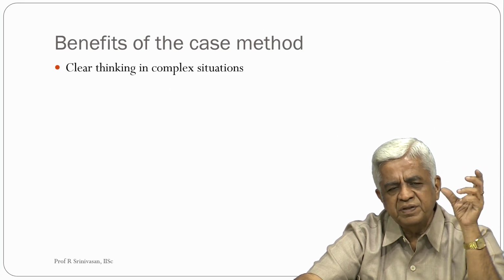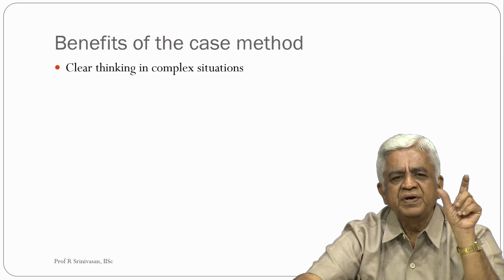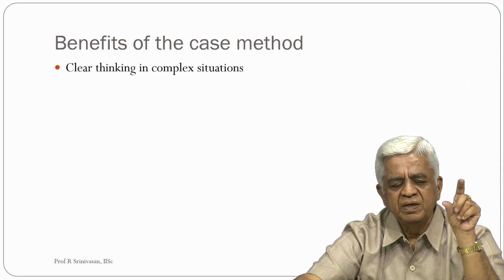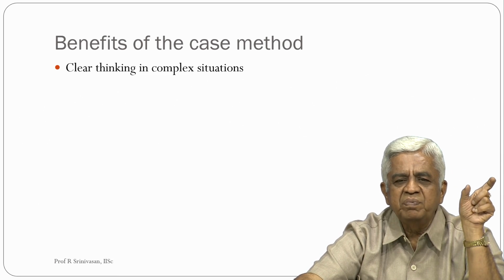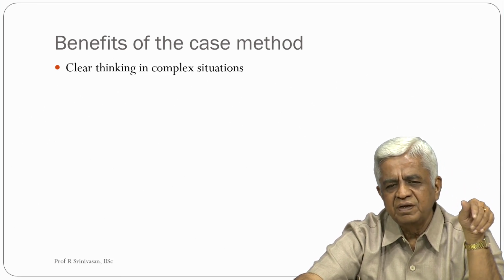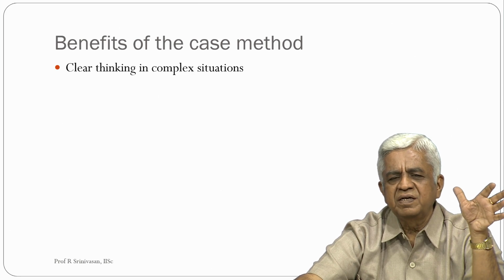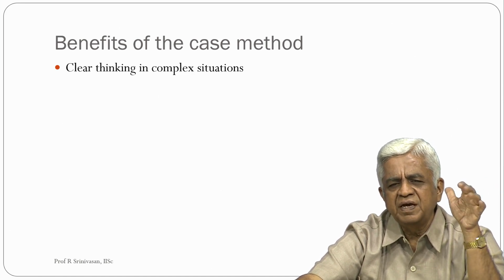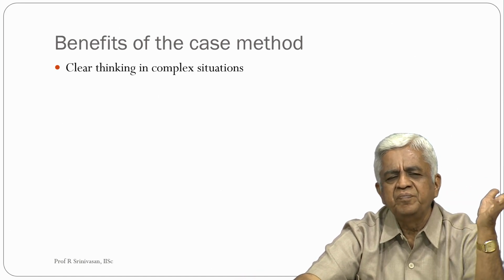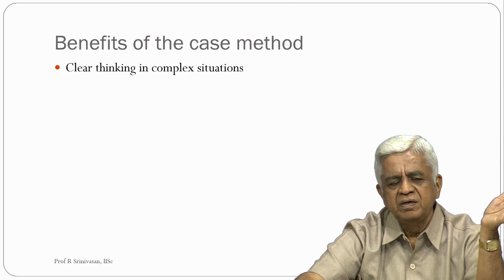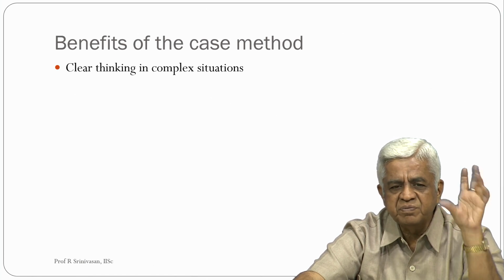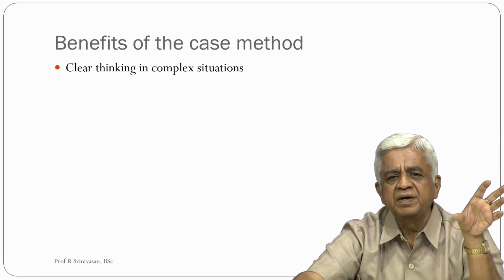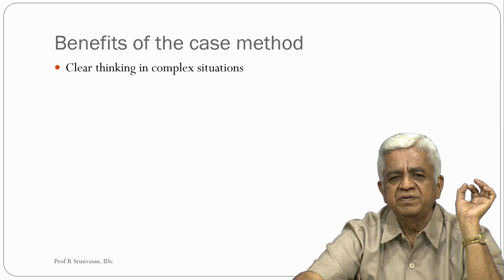In other words, what is the type of benefits he is going to get? He gets clear thinking in complex situations. Normally, organizations present a myriad data. Many times one does not know whether this much of data is required for a particular situation.